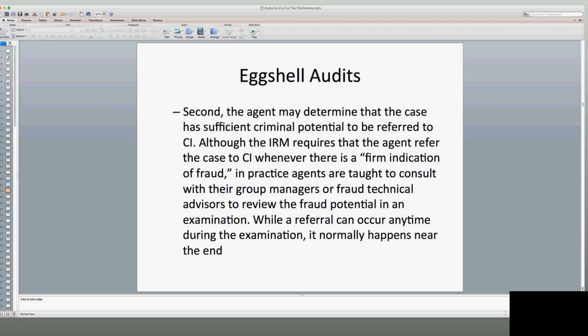Now, although in theory the Internal Revenue Manual requires the agent to refer the case to CI whenever there's a firm indication of fraud, practically speaking, these agents are taught to consult with their group managers or fraud technical advisors to review the fraud potential. So it's not necessarily a hair trigger thing, or I would say a knee-jerk response, that whenever the agent determines that there's firm indication of fraud, protocol requires immediate referral.